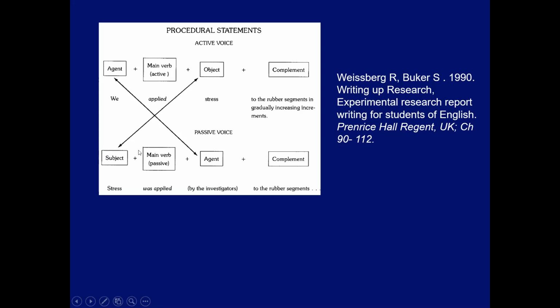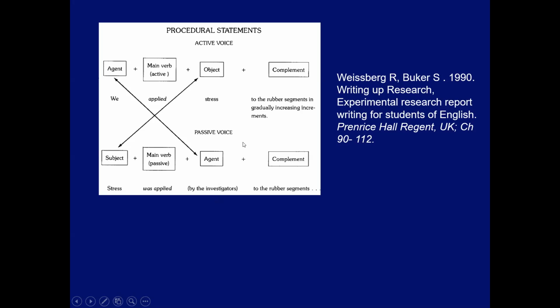The object first, and then was applied, because it is past passive. Then the agent, instead of we, can be replaced by something like by the investigator. So the stress was applied by an investigator to the rest of the sentence.